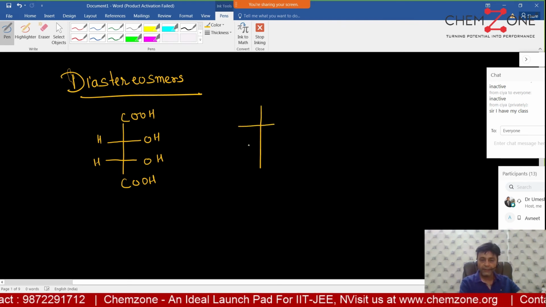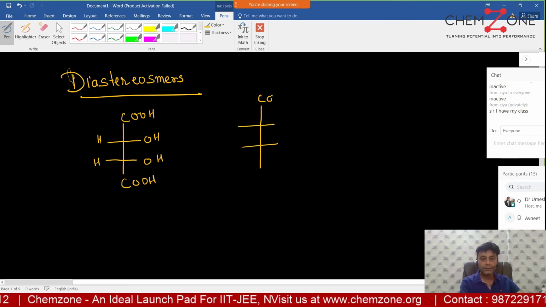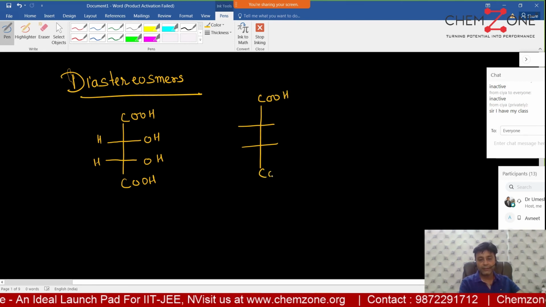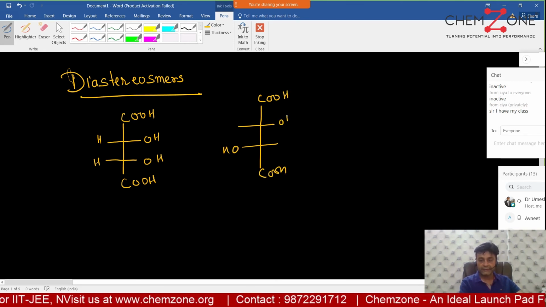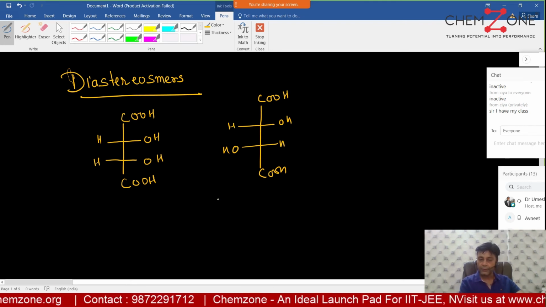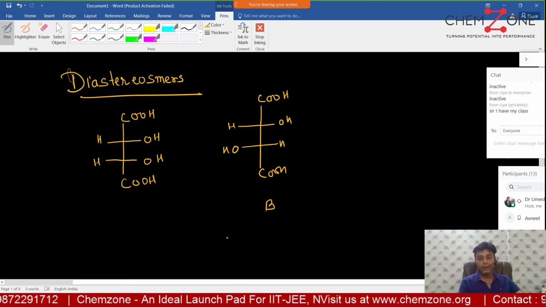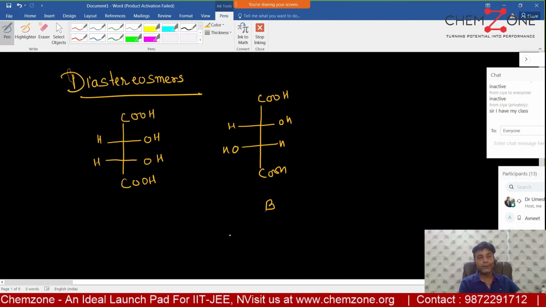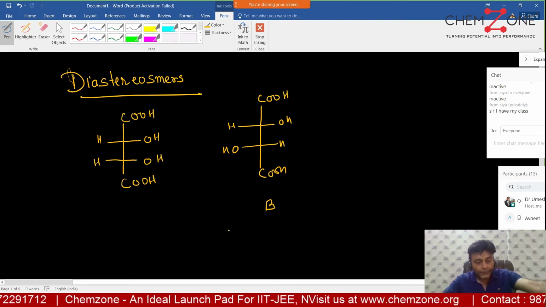And now I am making one more structure here. This is a mesotartaric acid, and now this and this. Let's talk about this compound now. This B compound. Will it have optical isomer? Yes or no? Will it be optically active or not?